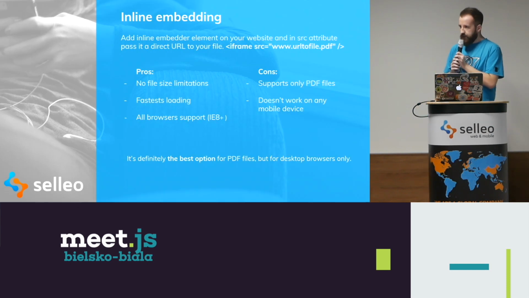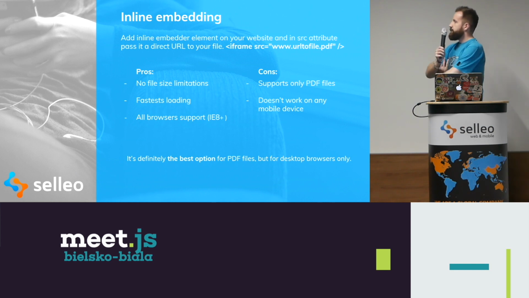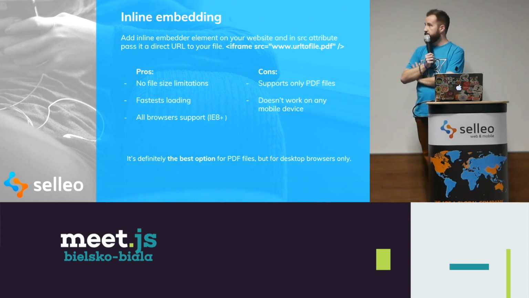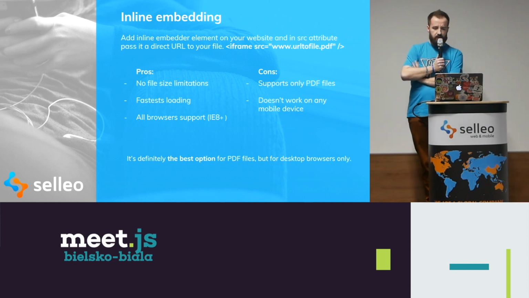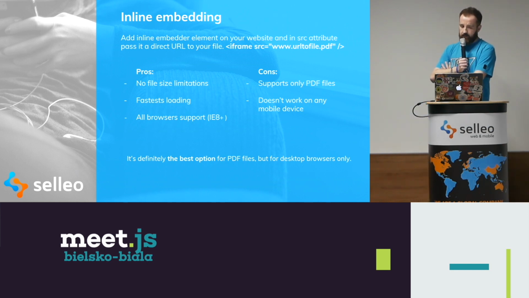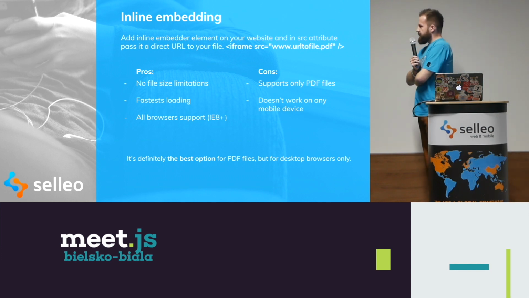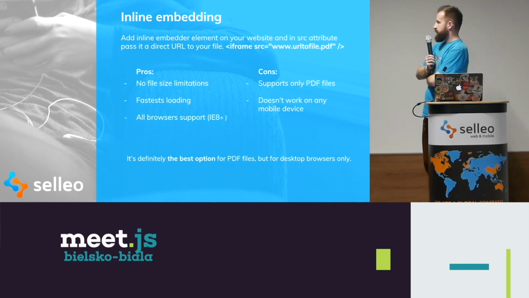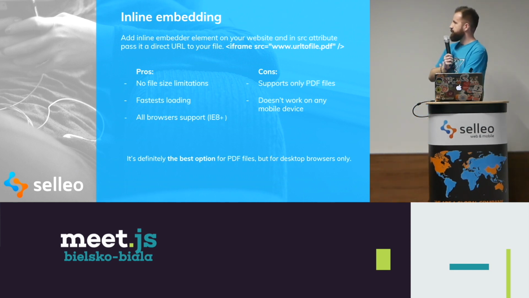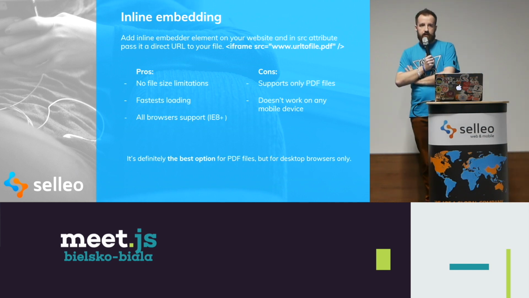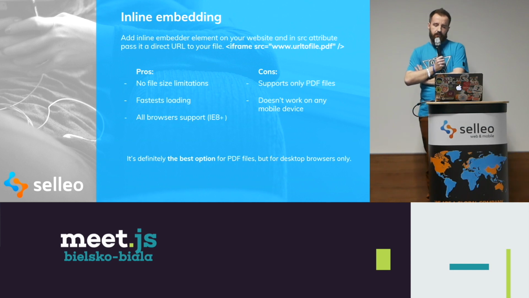All right. So basically, there are a few solutions for it. The first and most supported, I think, is inline embedding. You just place an iframe and pass the direct URL to your file into the src parameter. So you're just using typical browser support to preview your file.